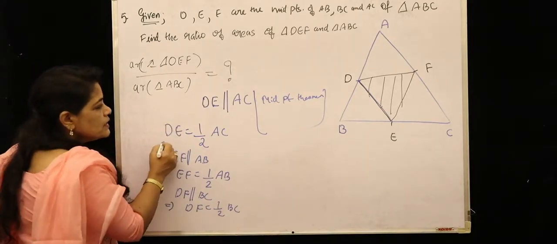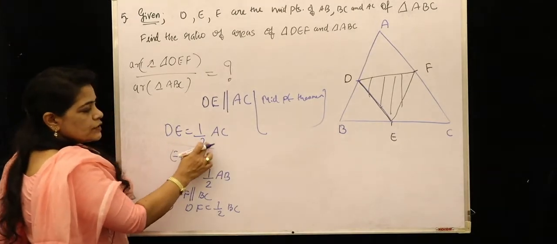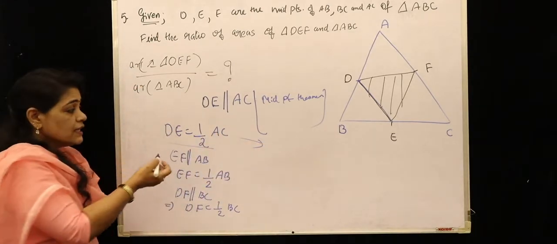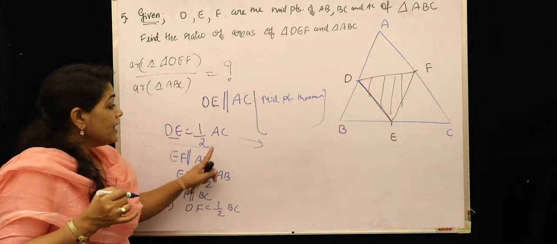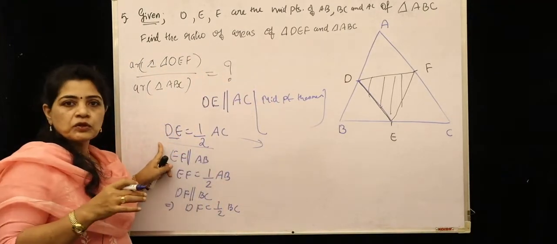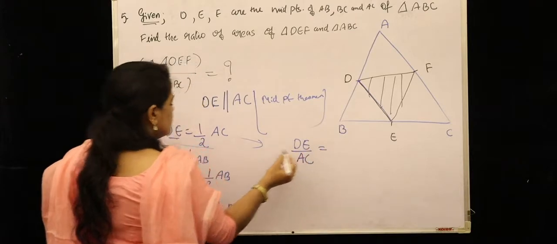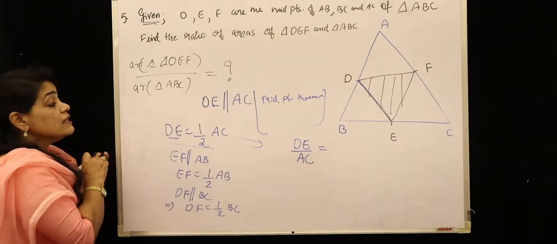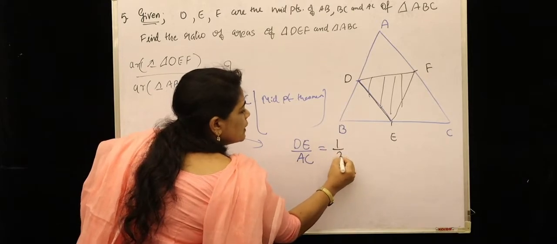From the first equation, DE equal to half of AC. DE is the side of triangle DEF and AC is the side of triangle ABC, so I am taking their ratio, DE divided by AC. Taking AC to the denominator on the LHS, the RHS will be 1 by 2. So DE divided by AC is equal to 1 by 2.